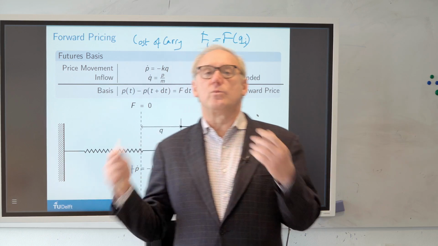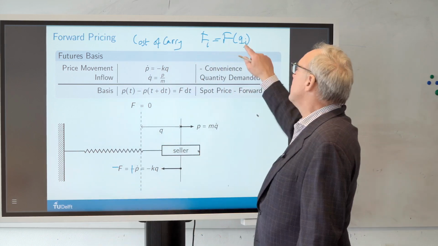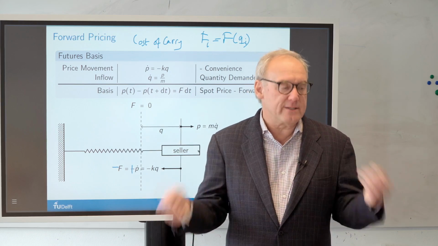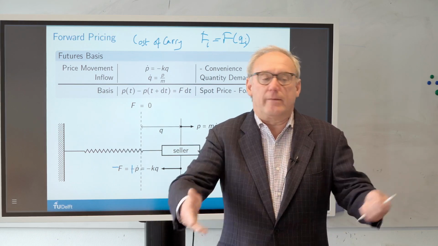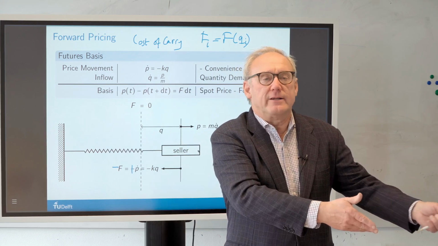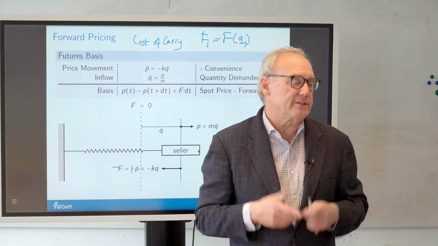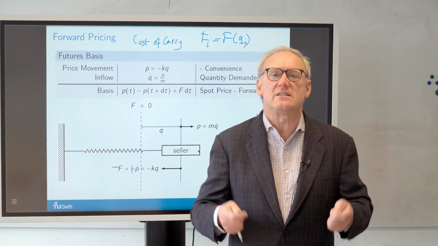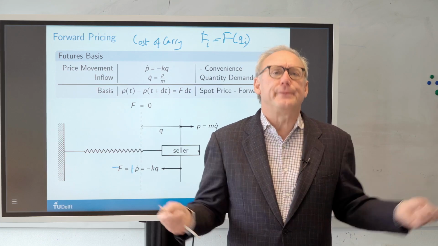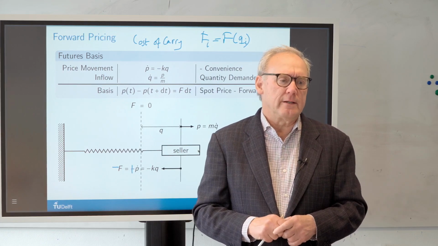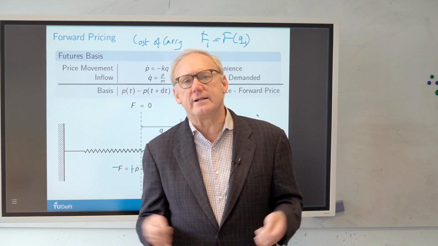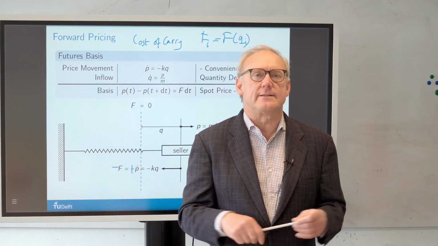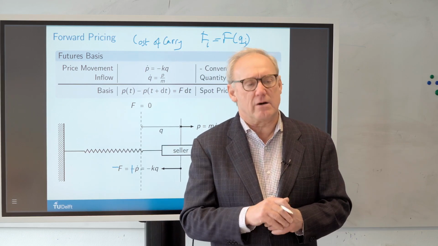Now, if you think of warehousing, you would think, well, that's a function of Q, but it really isn't. The warehouse is just the warehouse. You just pay this amount for the warehouse, and you could store pears in it instead of apples, and this is apples. So it really isn't just a function of Q. It's just a fee you pay per warehouse, okay? And insurance also, you can say, well, it's done per apple, but that's not the point. The point is it's not a function of these apples alone, okay?